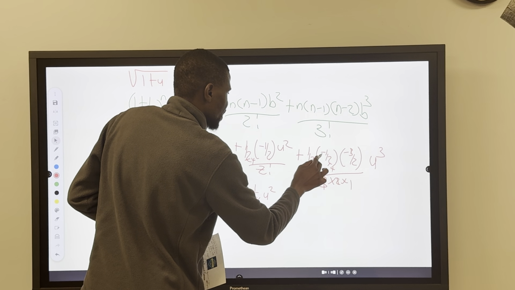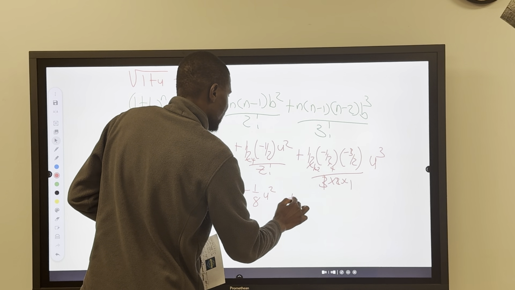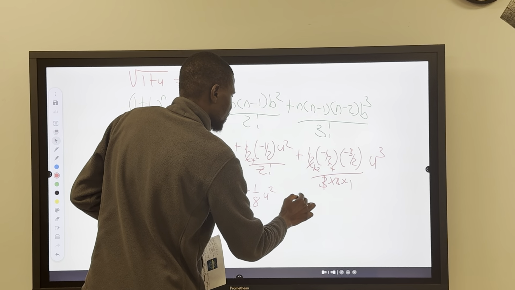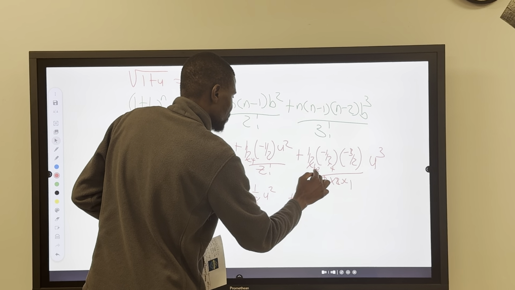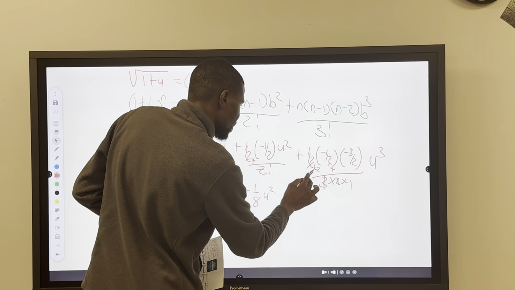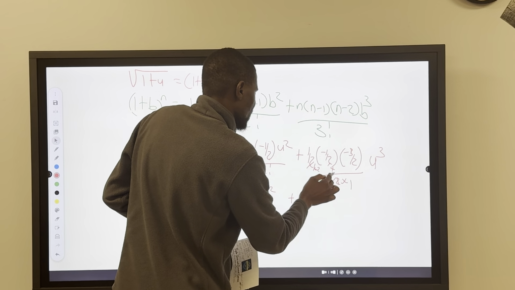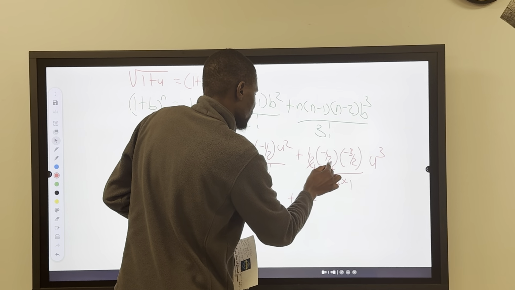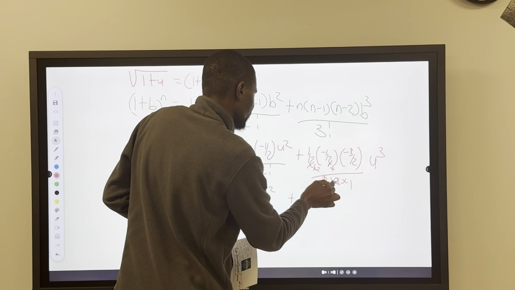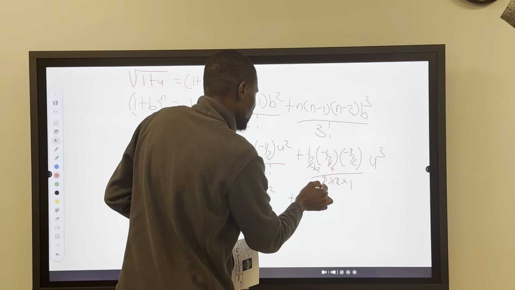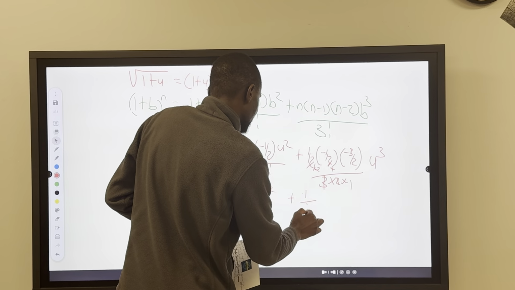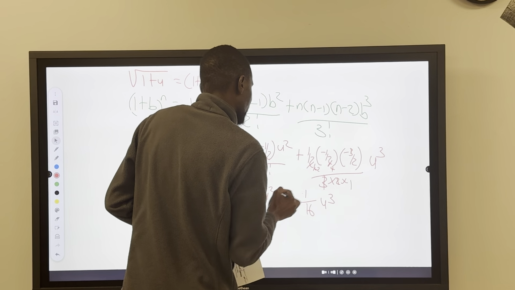So we have negative, negative, so plus 1 over, this is 4, that's 2, 8 times 2, that's 16 u cubed.